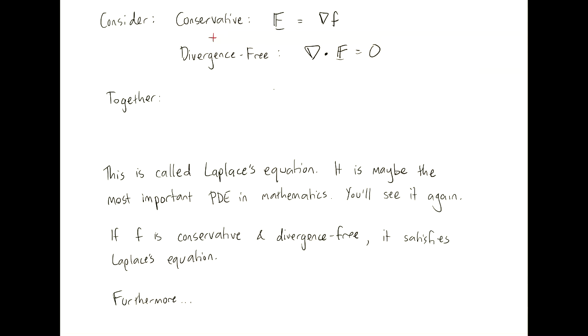If I take the first line and substitute it into the second line, I get div grad f equal to 0, which tells me that f_xx plus f_yy is equal to 0. This thing is called the Laplacian operator. We also write that sometimes as delta f equals 0, or grad squared f equals 0, and this is called the Laplacian.